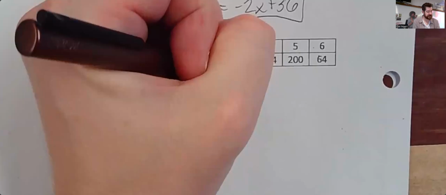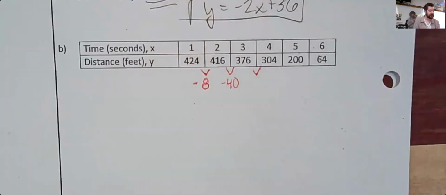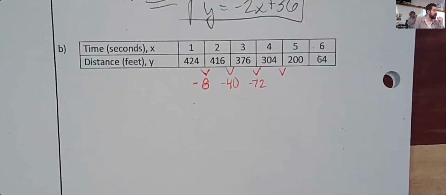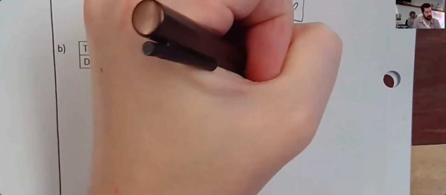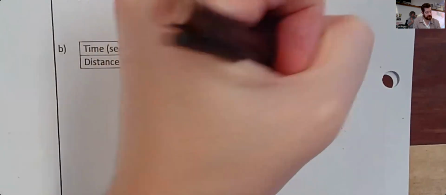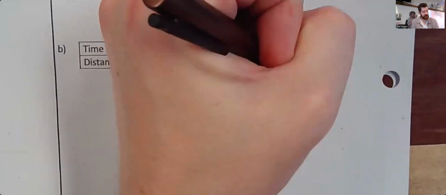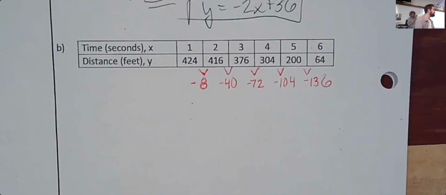What about a decrease from 376 down to 304? -72. How about 304 down to 200? -104. How about 200 down to 64? 136? Yeah, -136. Okay. So our first differences are not consistent.